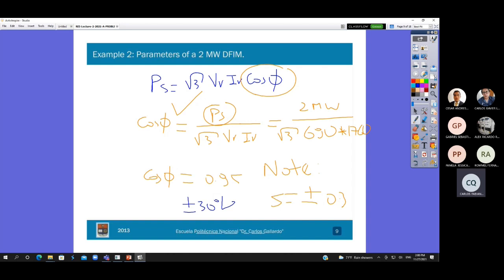So in this case, this leads to the rated rotor current being smaller than the rated stator current. Due to this slip, this is the rated rotor power exchange in addition.